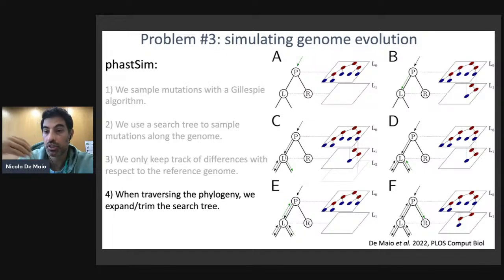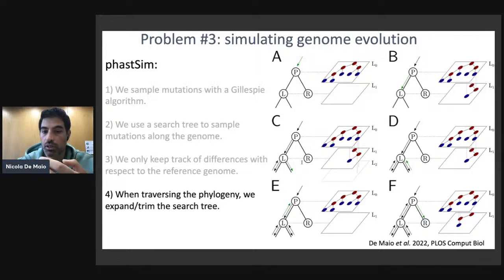And instead of creating a new search tree that would take time linear in the genome size, we just add this new path corresponding to the mutation to the search tree. So again, just logarithmic in genome size, and we pass this search tree with these new paths to the children nodes of L.